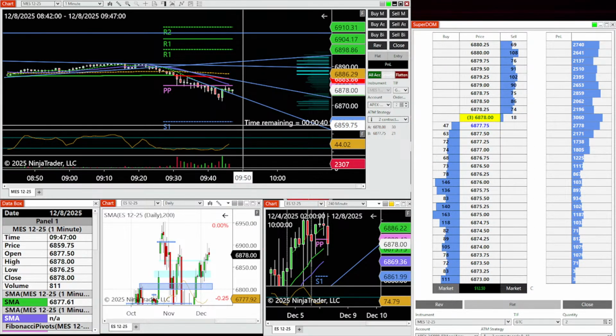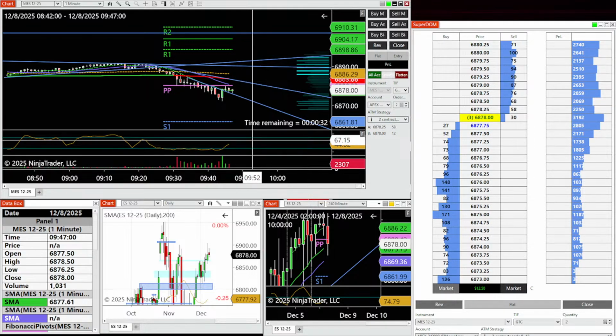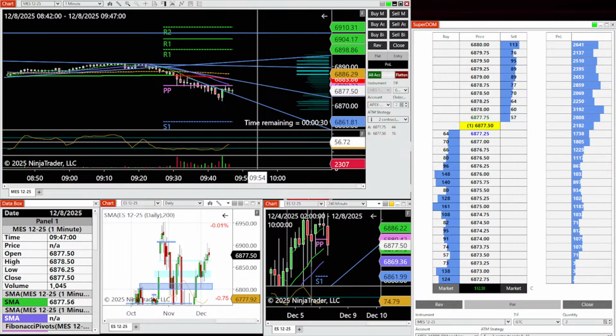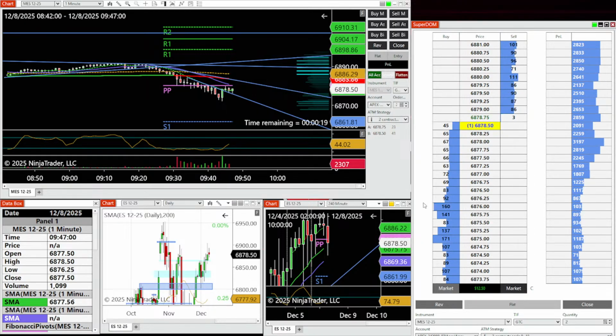Let's see. Which side is going to get squeezed? I do not want to be on the side that's going to be squeezed. I am favoring the long though. I am favoring the long.